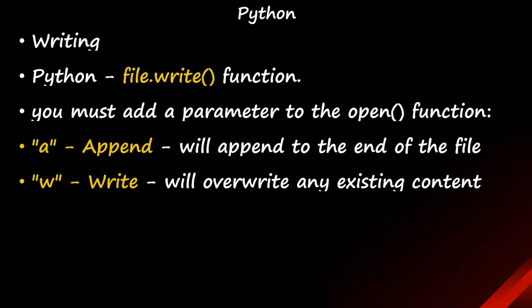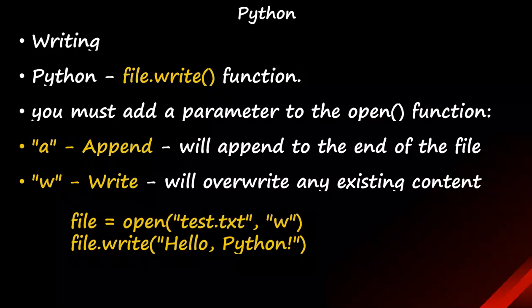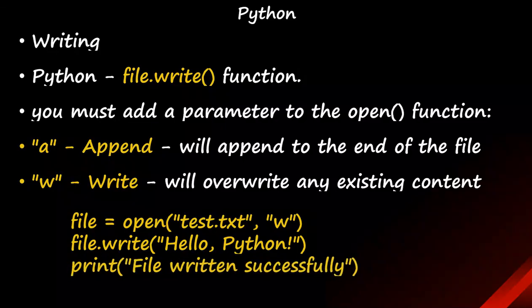You can use A or W depending on your requirement. So file equals open file name comma W means writing into a file. What you want to write is file.write and the content in double quotes, or just print file written successfully. So you can check that whatever content you mention is written into the file.